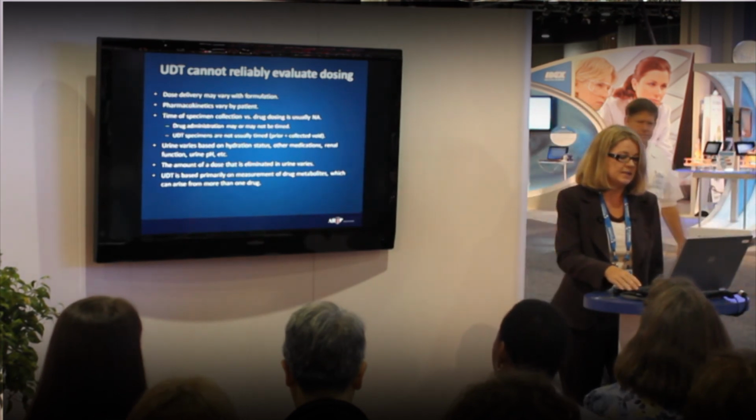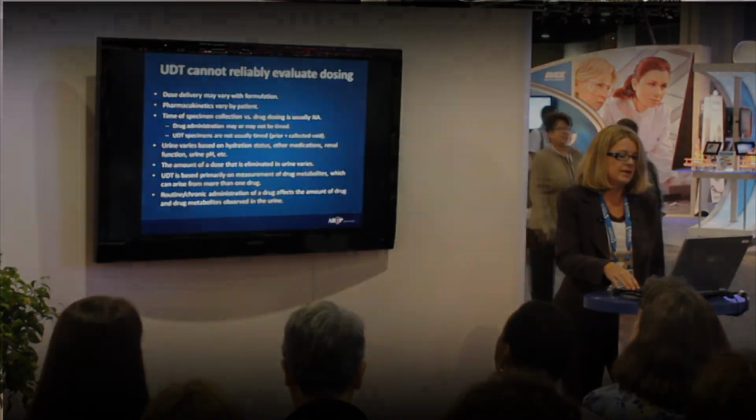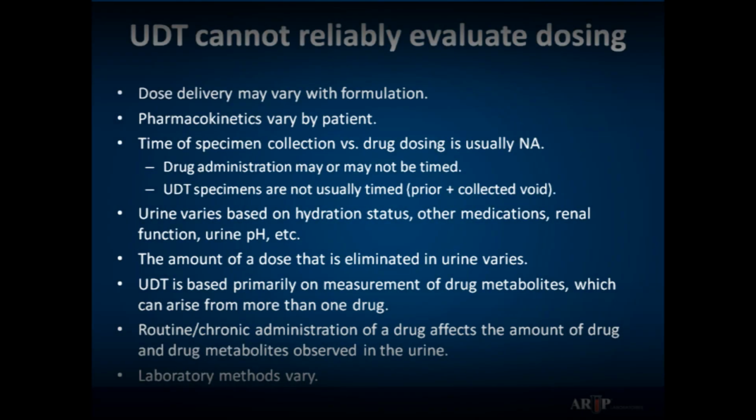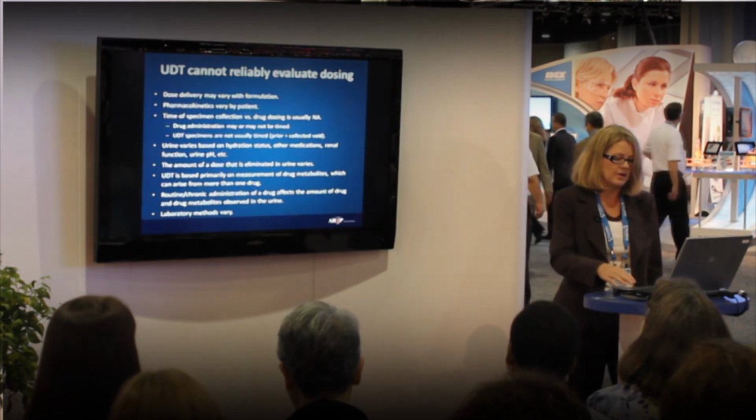So that complicates the entire picture. Finally, we know that routine chronic drug administration will affect the amount of drug and drug metabolites that appear in the urine and for how long they appear. And as I mentioned, laboratory tests vary, so it's very important to talk to the lab that's doing the testing to find out what the strengths and limitations of that testing protocol are.